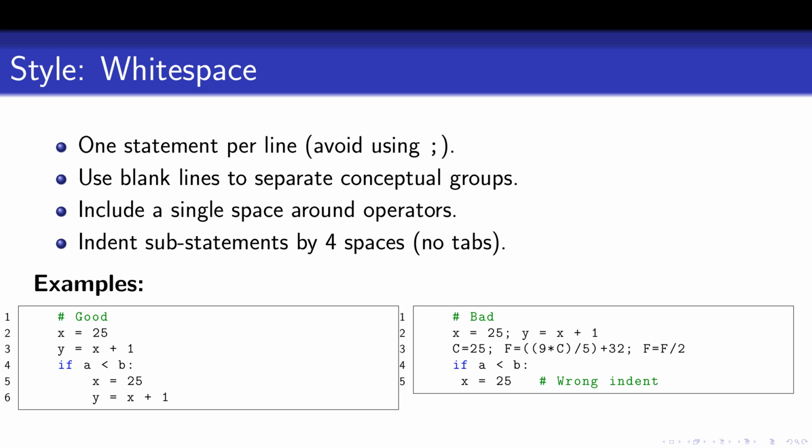Tabs should be avoided because they can display inconsistently across different editors. Following these practices makes code easier to scan and reduces errors caused by misreading crowded or poorly spaced expressions. Clean, consistent whitespace is a simple but powerful way to improve the quality of your programs, helping you and others read and maintain them more effectively.